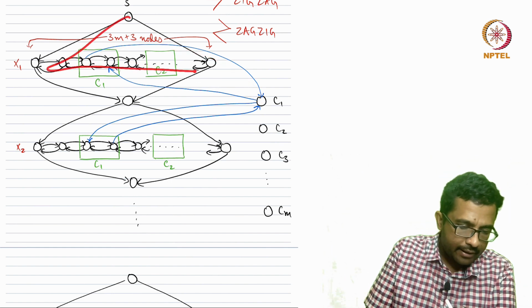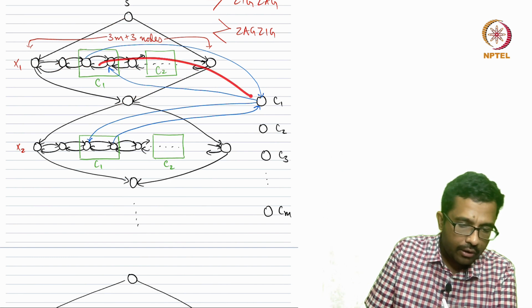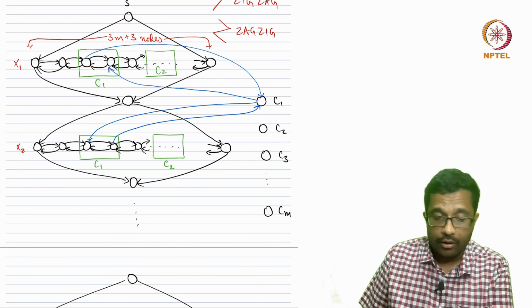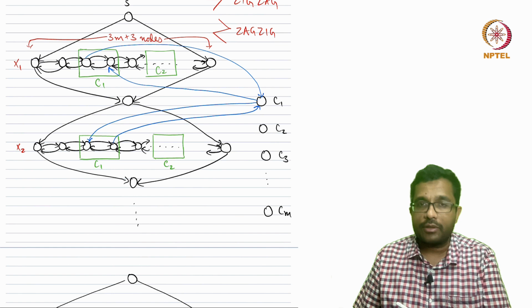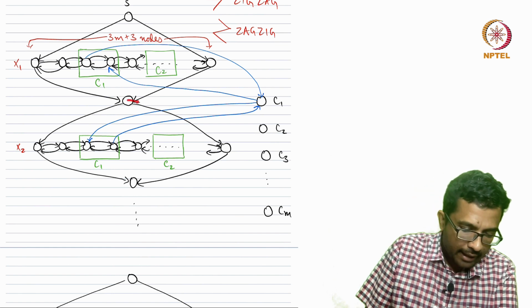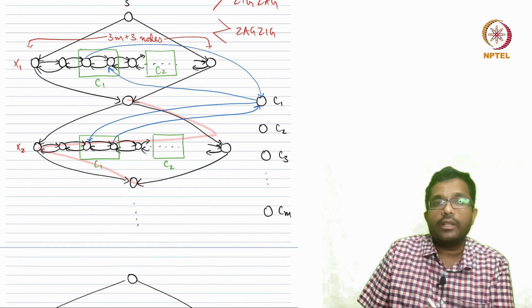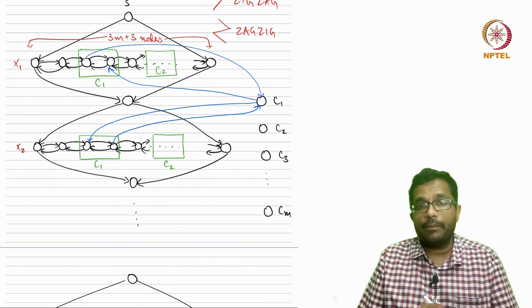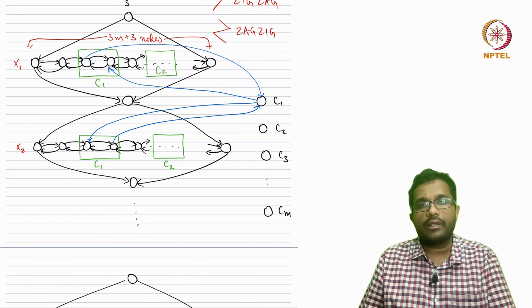So when we are zigzagging, we can include all the clauses where the variable appears as the positive literal. If we are zag-zigging, we can include all the clauses where the variable appears in the complemented form, the negative literal.